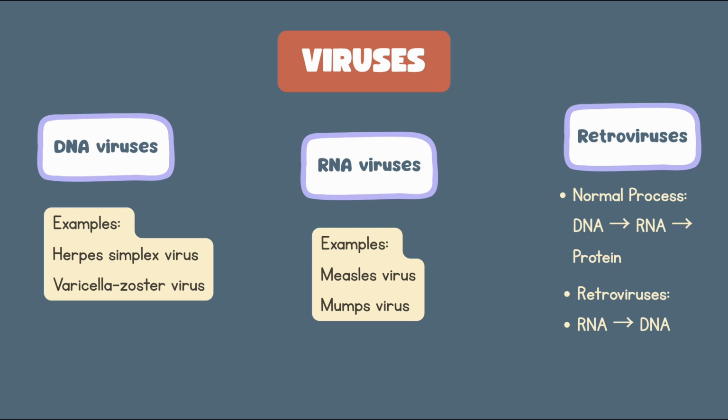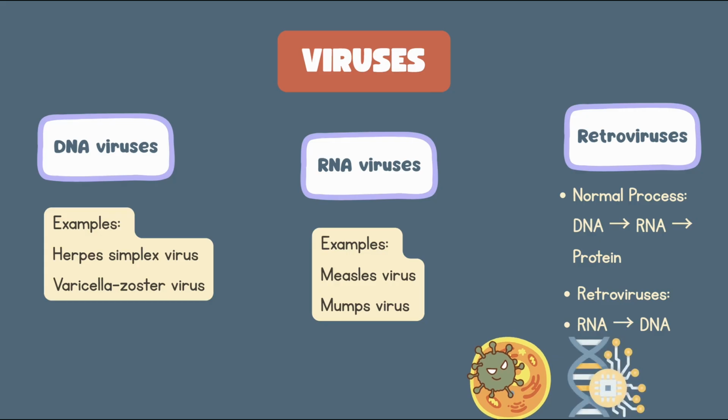So basically, the replication process is as follows. The virus enters the cell, and then reverse transcriptase converts RNA into DNA, and then the viral DNA integrates into the host's genome, so it becomes part of the host's genome, and then the host nucleus produces the viral mRNA, and then the viral proteins are made.